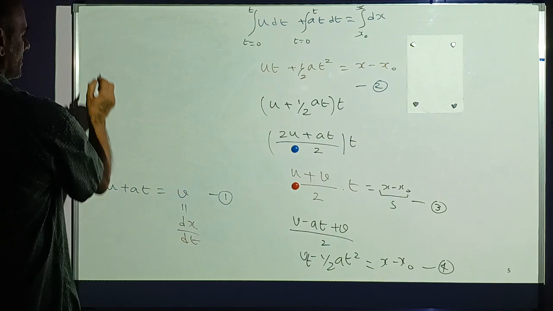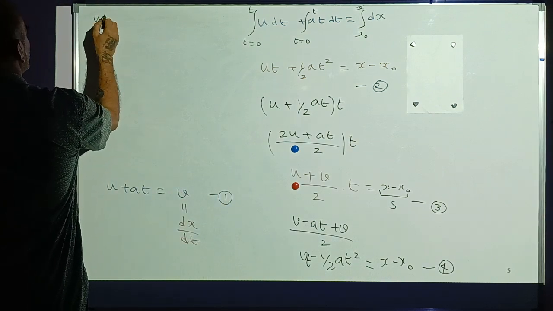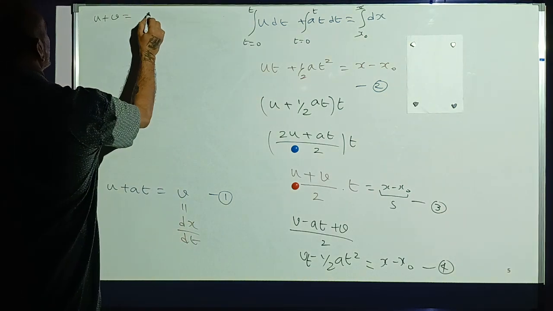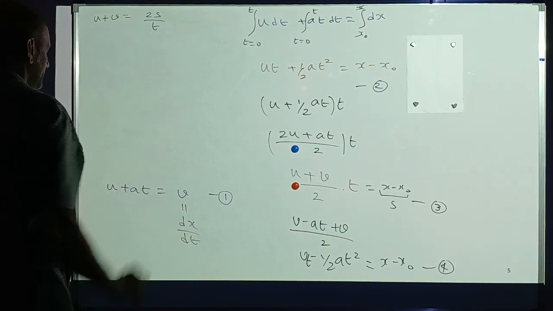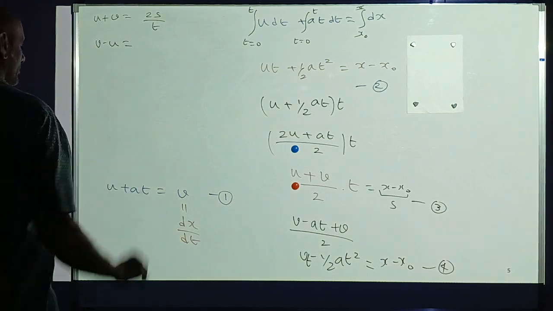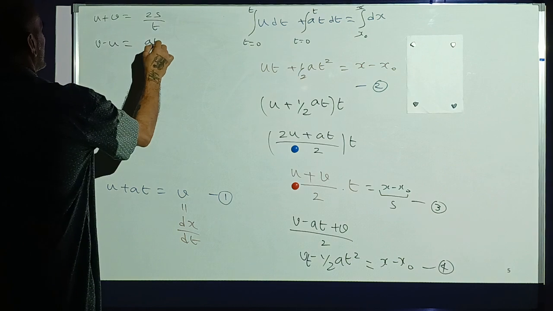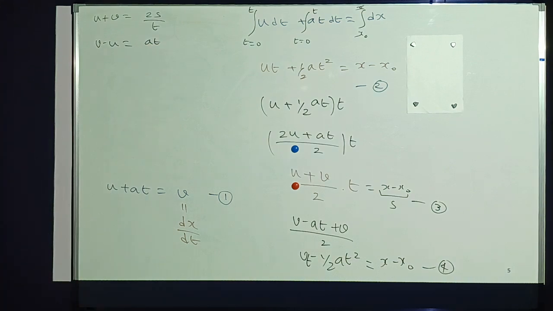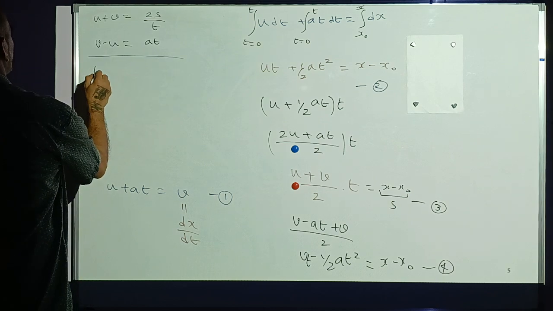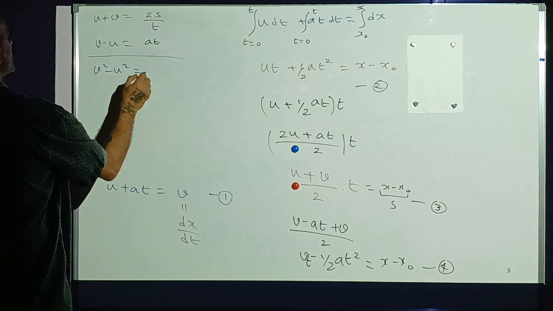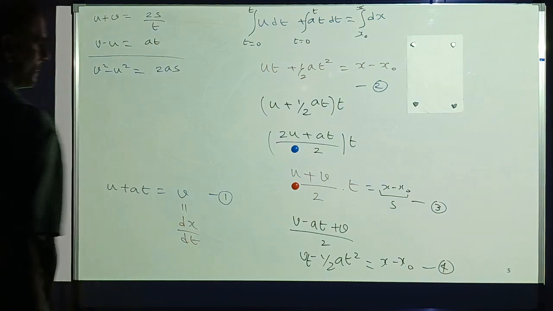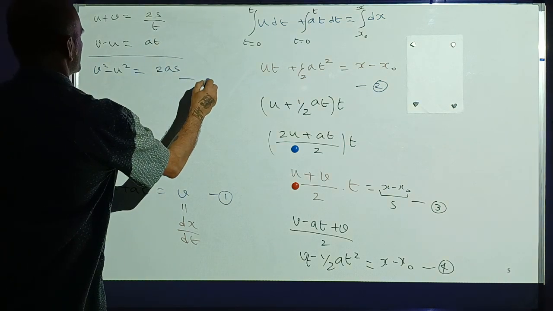So from here I have u plus v equal to 2s by t, and from here I have v minus u equal to at. So if I multiply these two, I'll get v square minus u square equal to, t will cancel, so 2as. This is the fifth equation of motion.